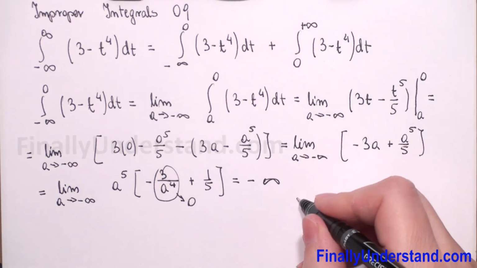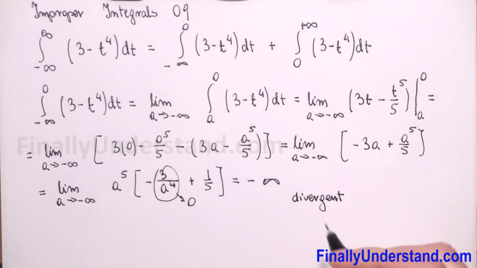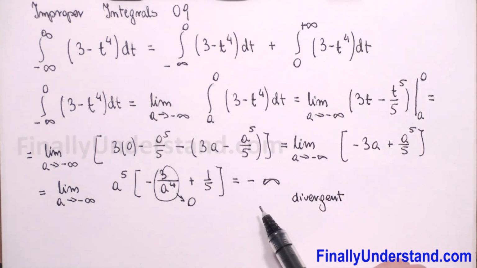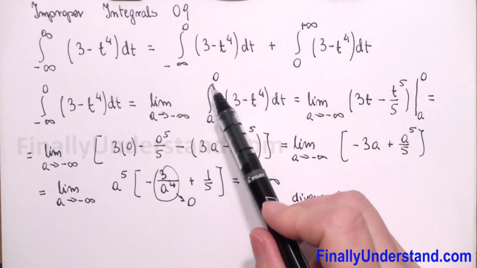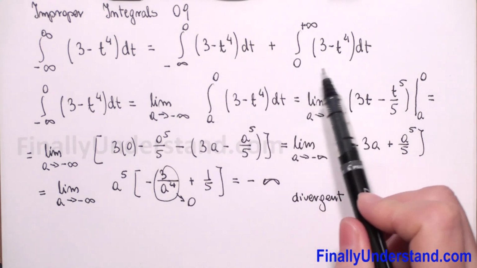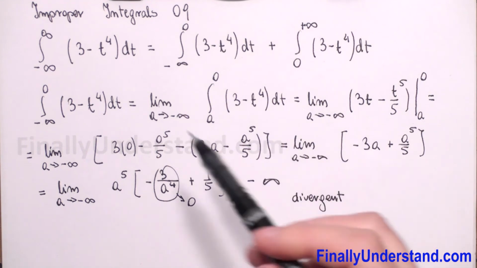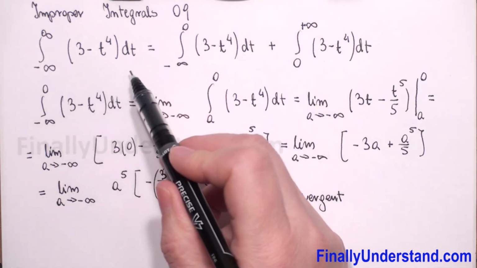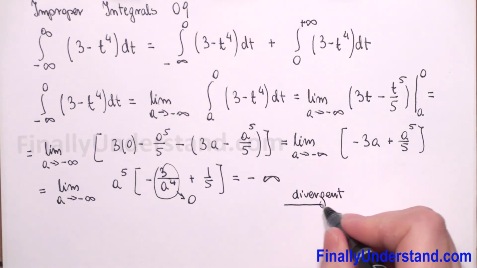Let me write this, because we didn't get a finite number. Because the first integral is divergent, we don't have to do the second integral. Because the first is divergent, it means our original integral is divergent. This is my solution.